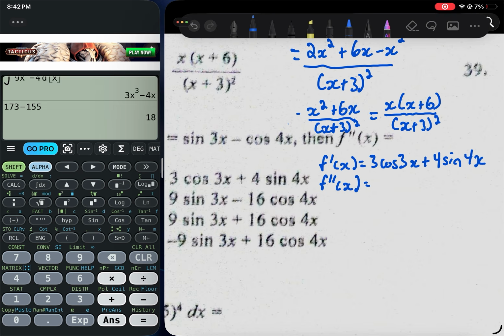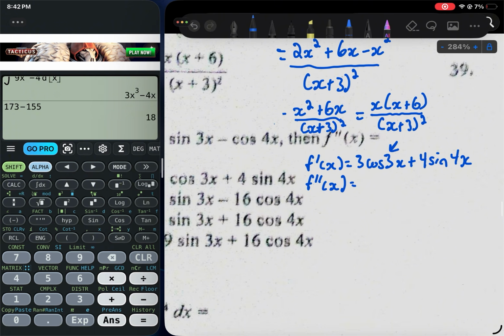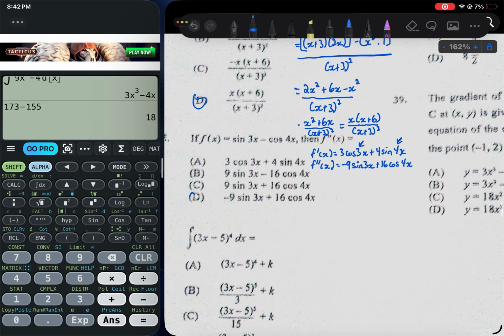So remember, we have to find the derivative of the outside function and then multiply it by the derivative of the inside. So the derivative of 3x, which is the inside, is 3. And remember, cosine becomes negative sine. So it'd be negative 9 sine 3x. And the derivative of 4 sine 4x, when we multiply by the inside, which is 4, we'll get 16 cosine 4x. So our answer is D.